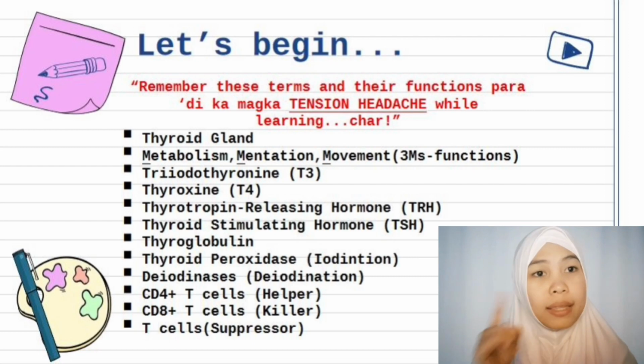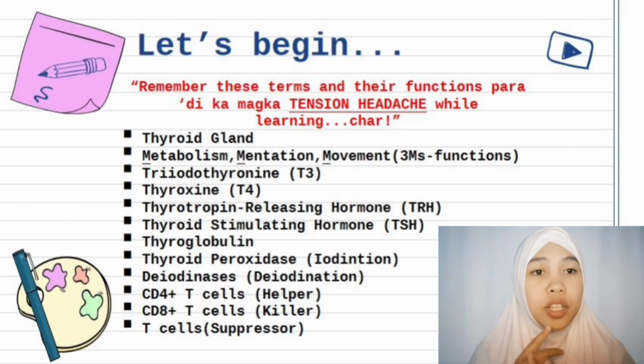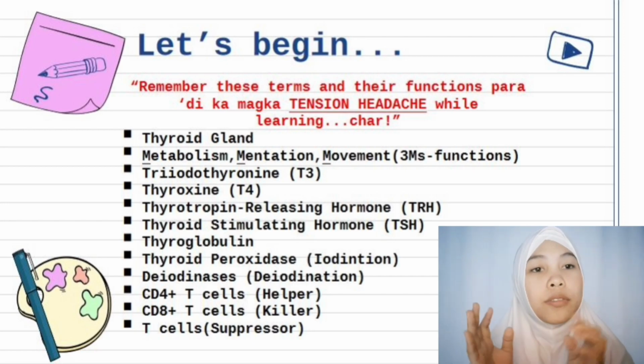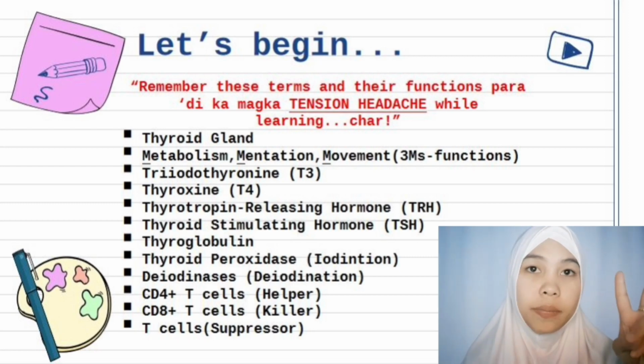Because we need to make T3. That T3 is very essential in making ATP for our energy. Okay, review: iodination is combining iodine and thyroglobulin, which consists of tyrosine, and then deiodination is removing or breaking apart 1 iodine from T4 to make T3.